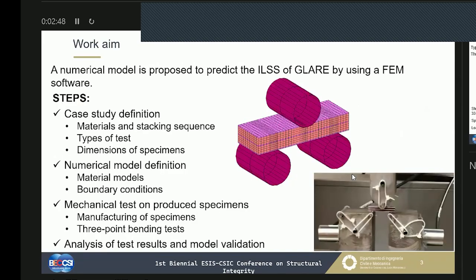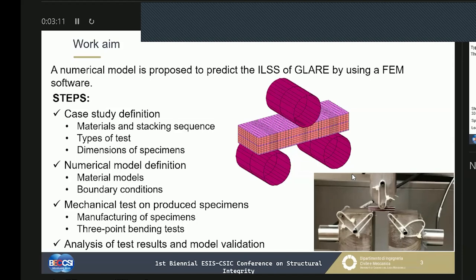So the aim of this work is to simulate the interlaminar shear strength, so the interlaminar shear behavior of a glare laminate. And in particular, here we can observe the steps followed for the work that correspond to the outline of this presentation.